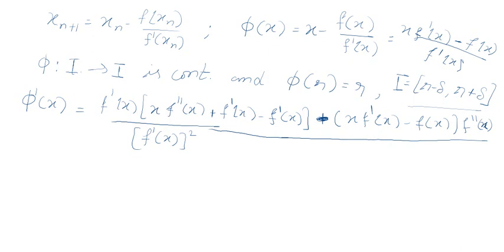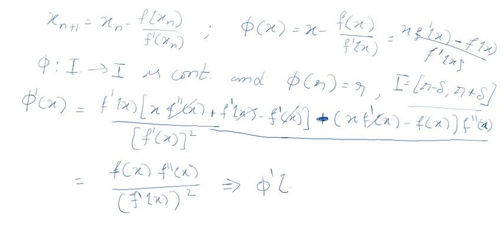Right? So now you can see that x times f dash of x f double dash will get cancelled with this, with the minus sign. F dash of x will get cancelled here, and what you will have is minus minus plus. So what you will have is f of x times f double dash divided by f dash of x whole square, which certainly implies phi dash of r is 0.